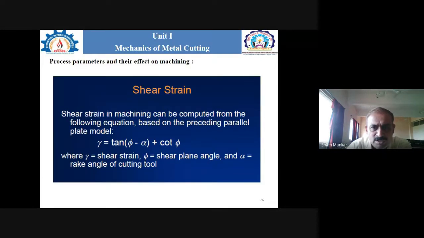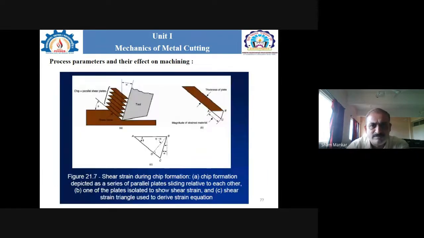So that is the shear strain. Again, it plays an important role when we are considering the machining operation. Okay, so this is the case, figure 21.7 that is shown, and basically there are three diagrams.